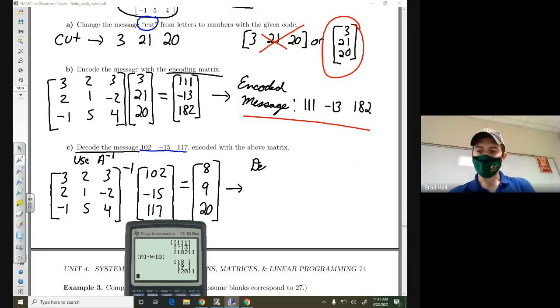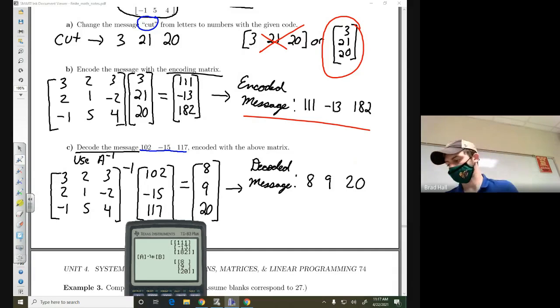And so the decoded message is 8, 9, and 20.